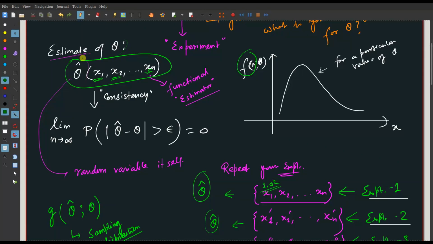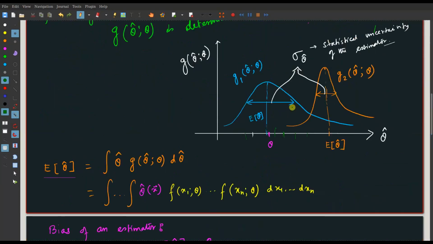And that level of confidence, how reproducible your estimate is when I take into account the repetition of my random experiment, will be given precisely by the width of the sampling distribution, because the width of the sampling distribution is the thing that actually takes into account the statistical fluctuation in here.